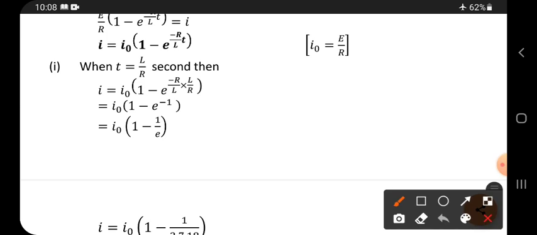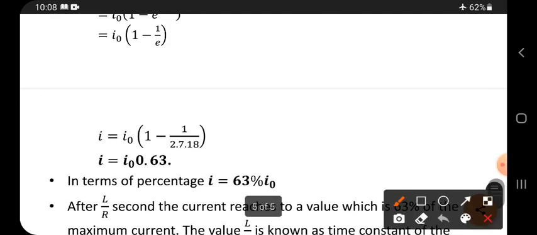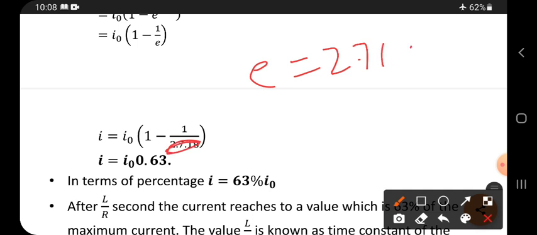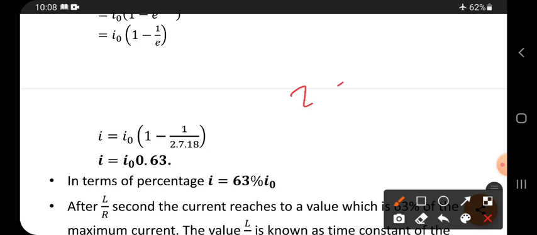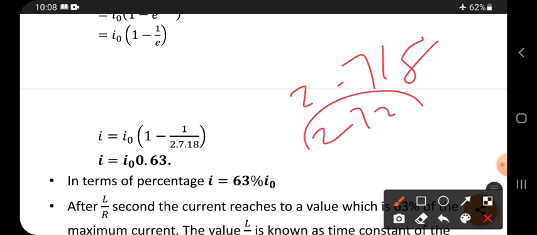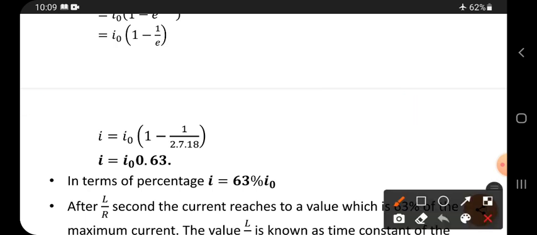Minus. So e power of minus 1. E power of minus 1 can be written as, if you have to remove the minus, then write it in the denominator. Yes, the denominator is written. And if you simplify it, the exponential value e is 2.7, sorry, it is wrong, 2.718. Okay, 2.718 only, or sometimes some people will write 2.72.